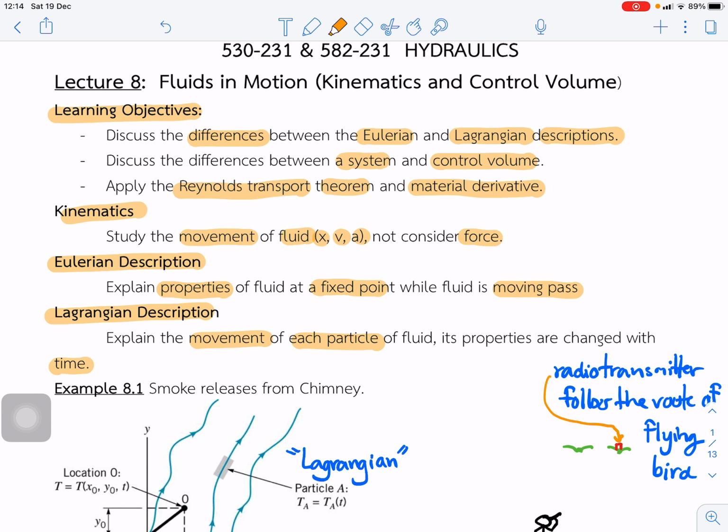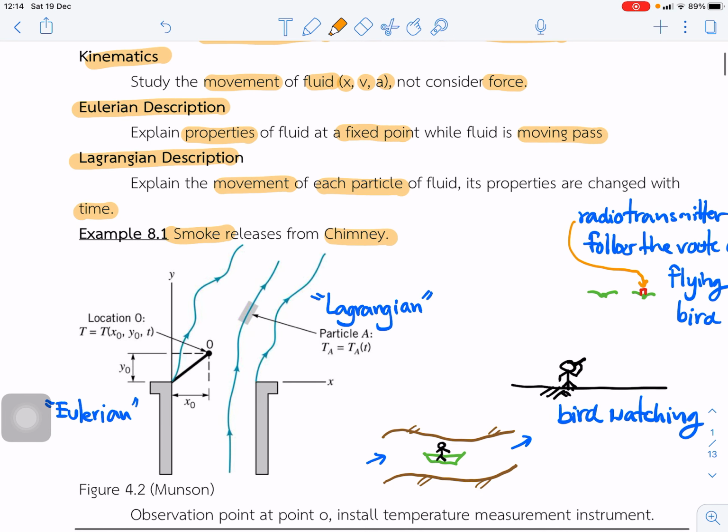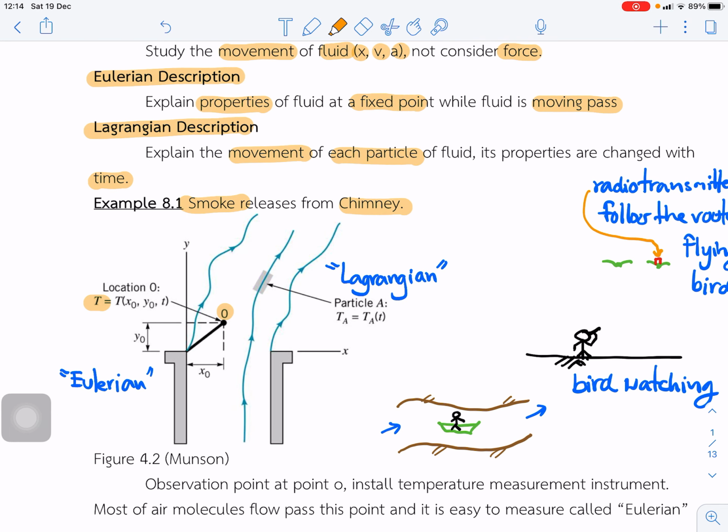Okay. So this figure shows the smoke released from the chimney. If we put the instrument at a fixed point, at point O somewhere here, and measure the temperature with time T, at the fixed location, in this case we call it the Eulerian description to explain the change of temperature with time.